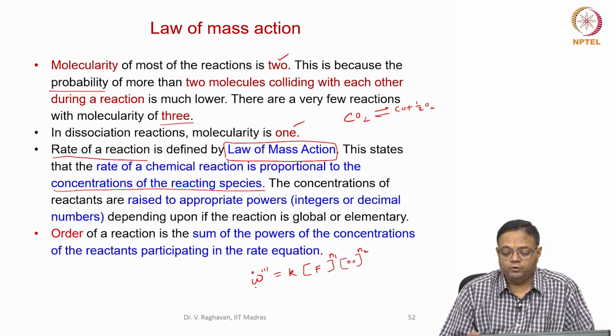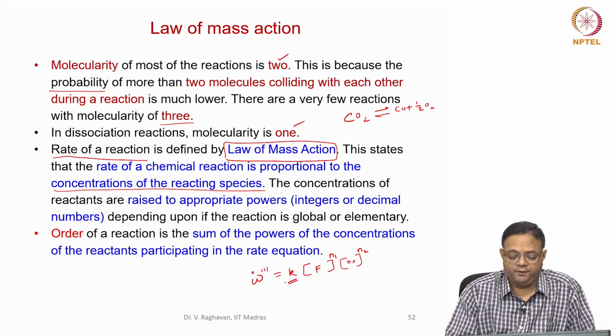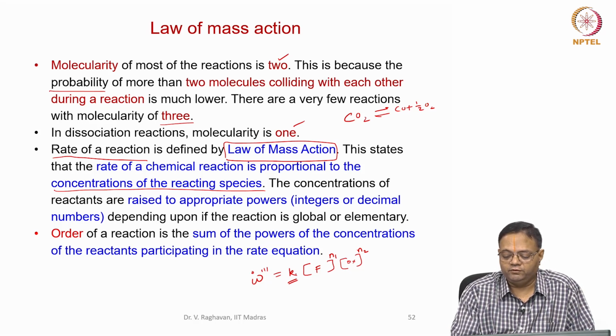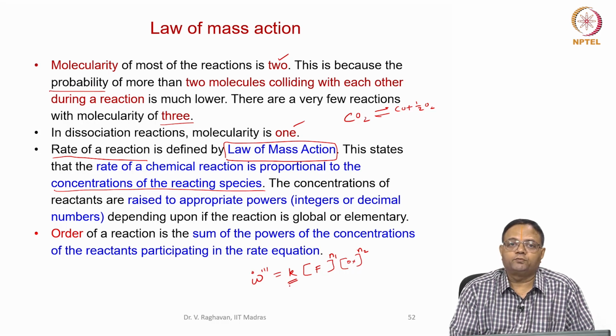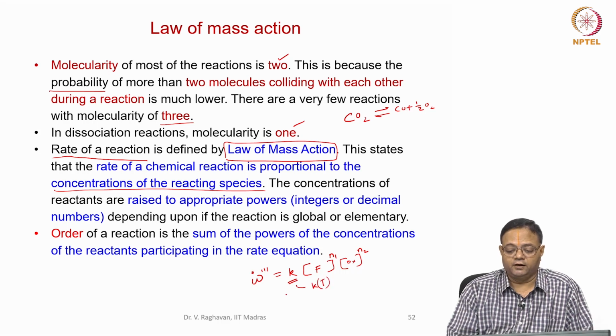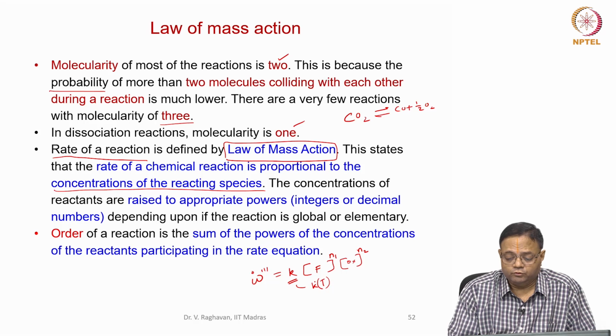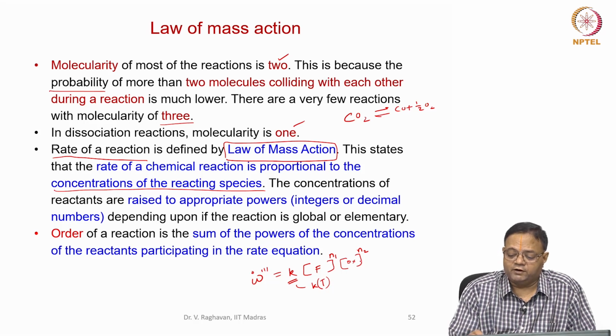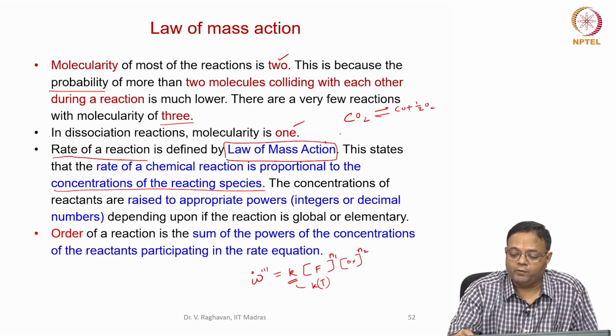Now, what is this K? Normally, when I say something is proportional to something else, this will be the constant of proportionality. But actually, this is a strong function of temperature. We will see that in a little bit. So, this statement, which I have written mathematically, is called the law of mass action.